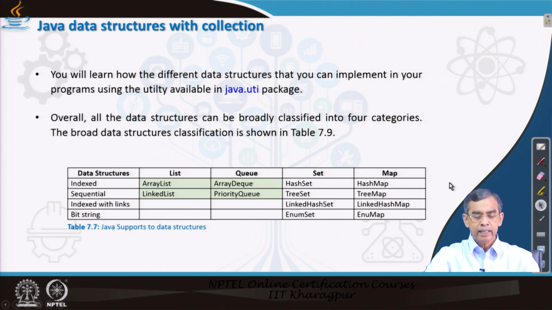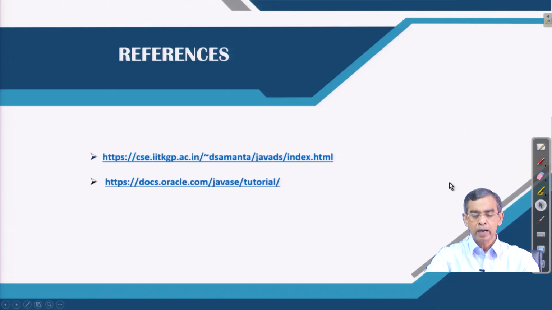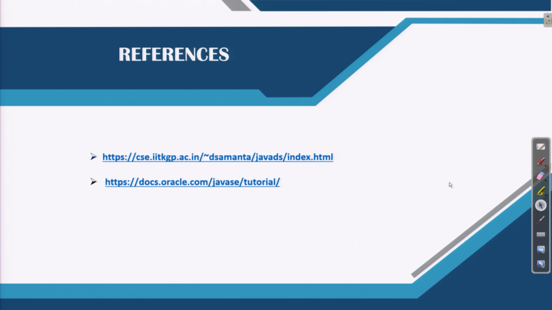Regarding the detailed story about the different structures, classes and interfaces, you can consult the Oracle documents. This is a tutorial form. It is very nice, but it is very exhaustive. Usually it is good for advanced programmers. For beginners who are new to this concept, I suggest they consult this link.